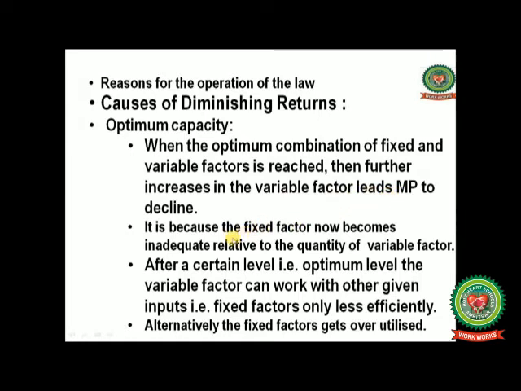It is because the fixed factor now becomes inadequate relative to the quantity of the variable factor, that is labor. After the optimum level, the variable factor can work with the other given inputs, that is fixed factors, only less efficiently. Alternatively, the fixed factors get overutilized.